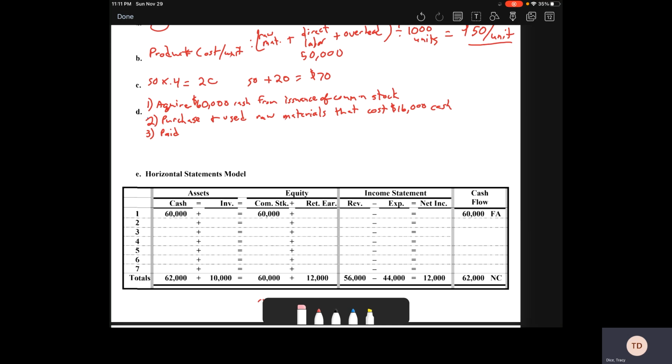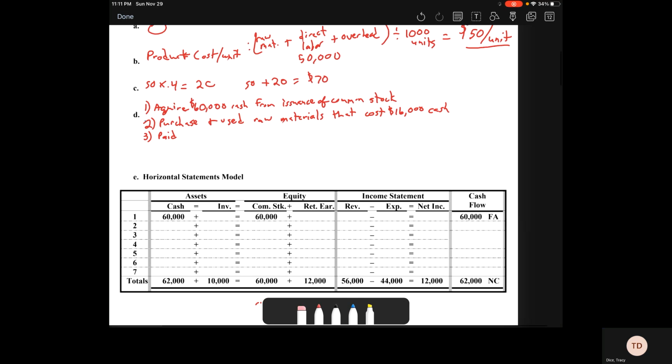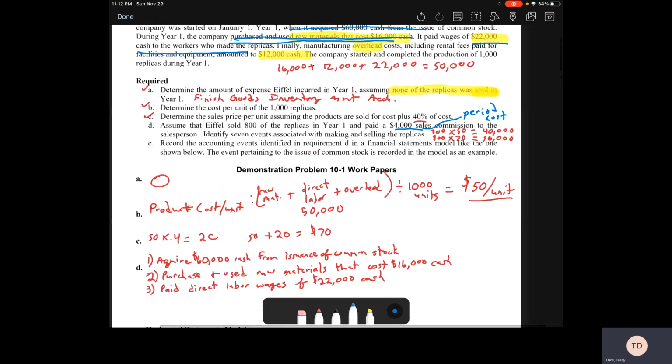Hopefully you guys can read this. And this is direct labor because it's going to the workers who made the replicas. That's number 3.